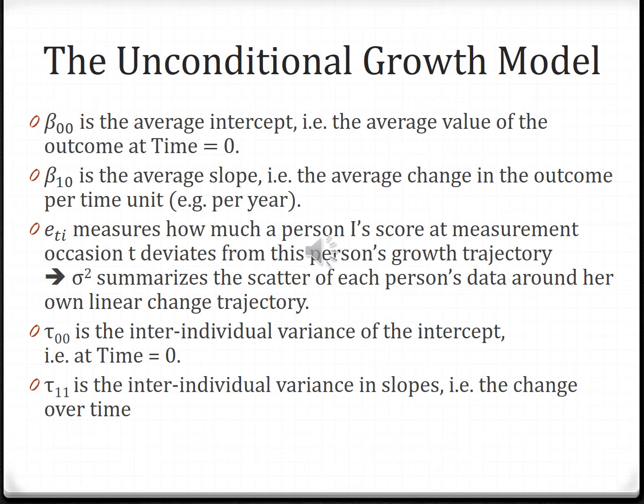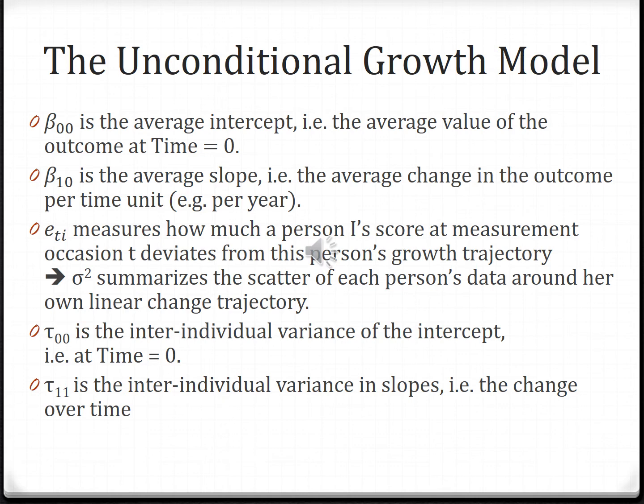E_TI measures how much person I's score at the measurement occasion T deviates from this person's growth trajectory. So how much noise does an individual person have around his or her trajectory?